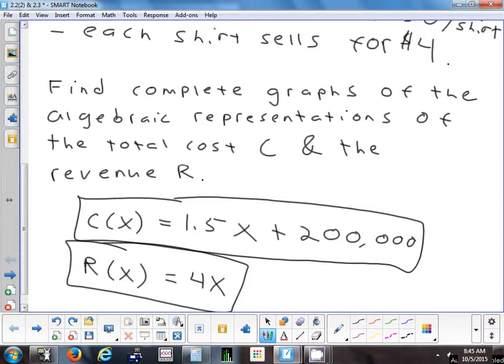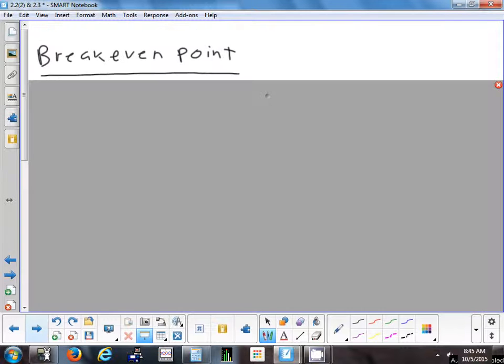That's it. That's all they wanted for that one. Any questions on that? All right, so there's our equation for cost. There's our equation for revenue. Hang on to those for a second. We're going to come back and graph them as soon as I talk about the break-even point.